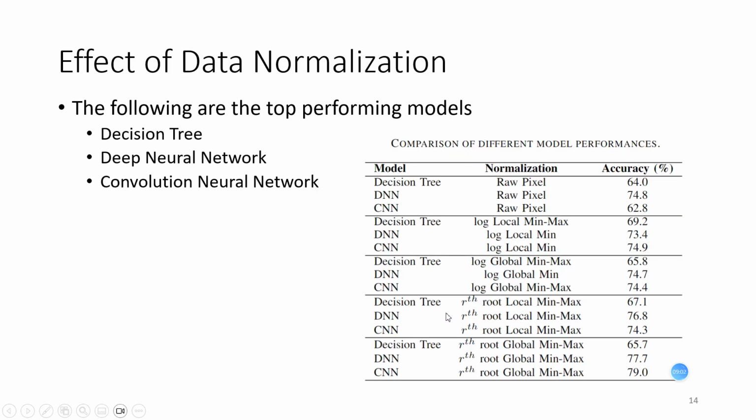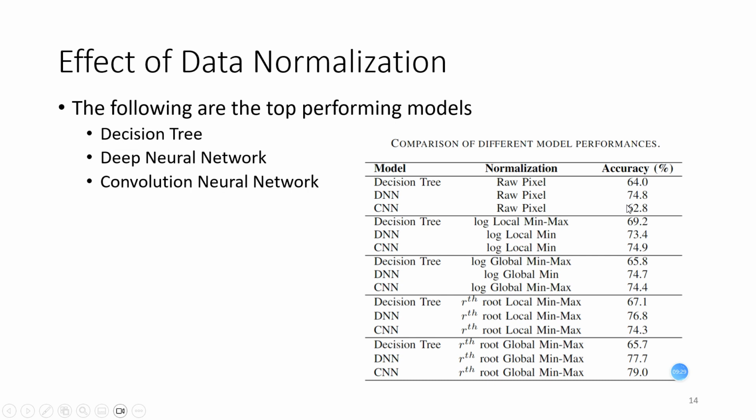Now we want to talk about the effect of the data normalization. We have four types of normalization technique: log local, log global, local, and root global. We consider three types of model: a machine learning method, the decision tree, a deep neural network, and a convolutional neural network.